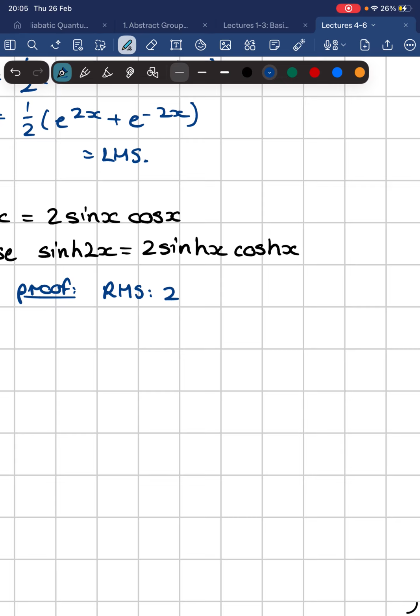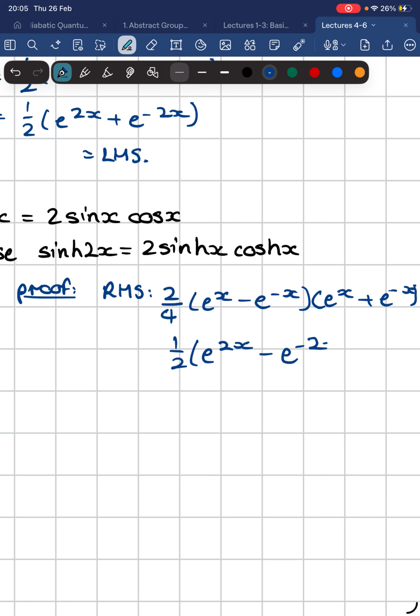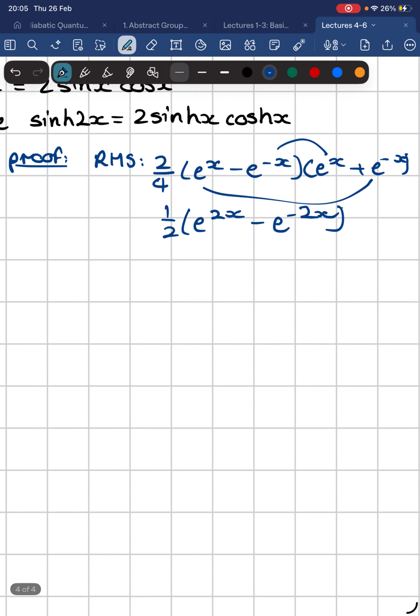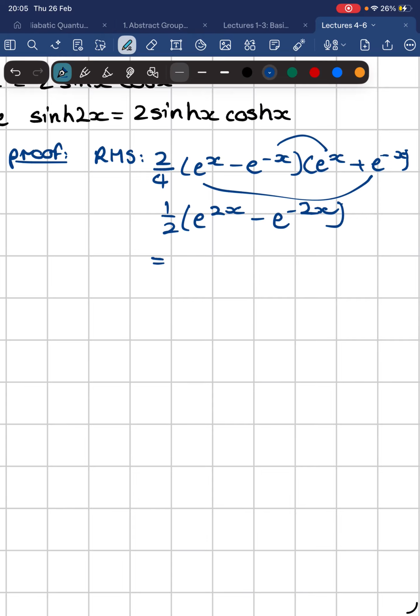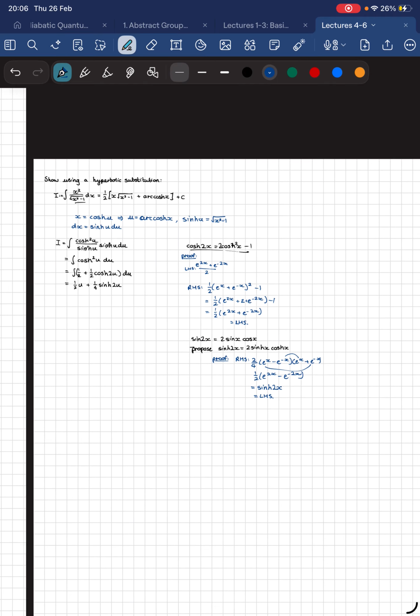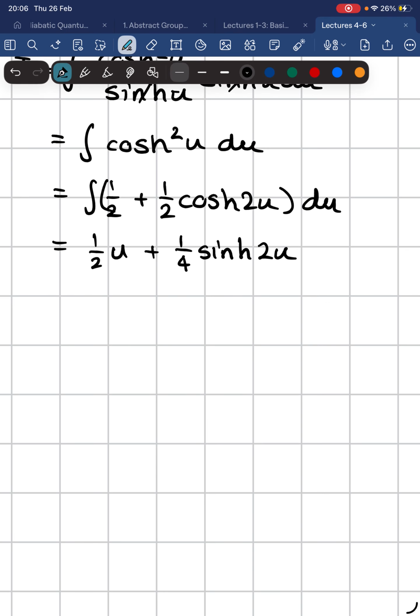So the right-hand side is going to be 2, and then I'm going to get 2 factors of a half out, and then I'm going to get (e^x - e^-x)(e^x + e^-x), which is clearly equal to 1/2 (e^2x - e^-2x), because the cross terms cancel as they have opposite signs, which is clearly equal to sinh 2x, which is the left-hand side. So there you go, a proof for that one.